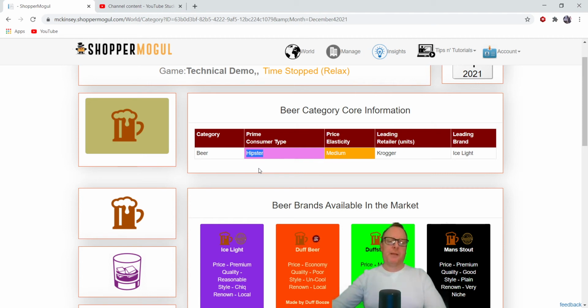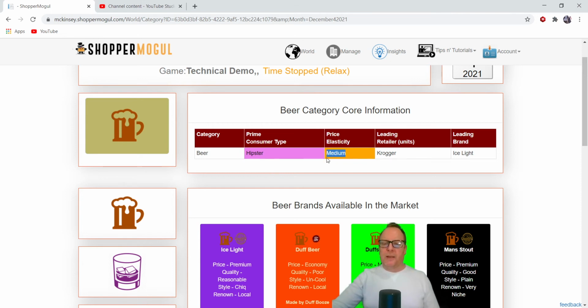For beer, hipsters are the consumer type which is more likely to buy beer than any other consumer type. If you look at the insights section later on, you'll find hipsters have a certain profile. You can use information there to think about how you would best target a hipster. That doesn't mean that other consumers don't buy it, just that they will over-index.